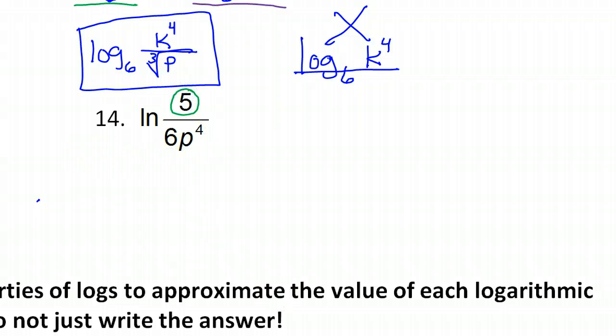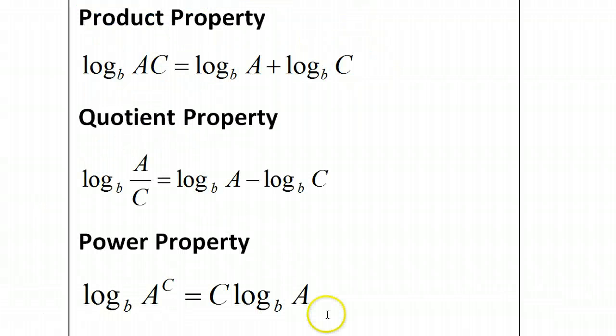So when I expand, because I'm about to use a combination of your product rule and your quotient rule, anything in the numerator is going to end up positive. Anything in the denominator is going to end up negative when we expand. Like both of these in the product property, both of these are in the numerator. So that's why they both end up positive.